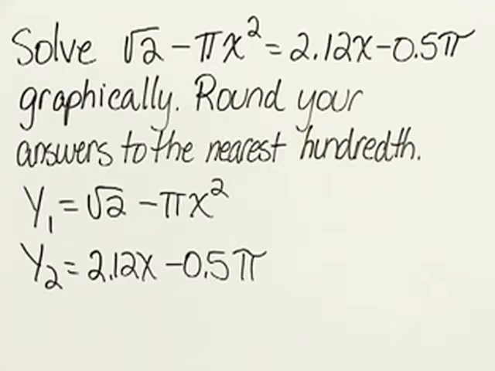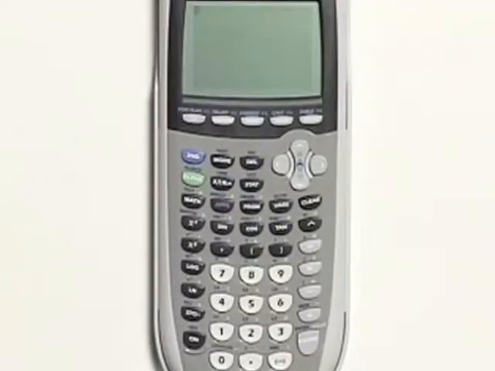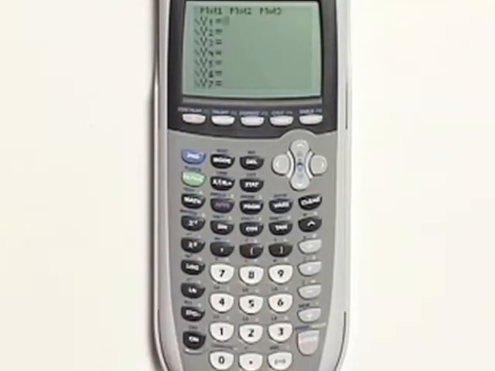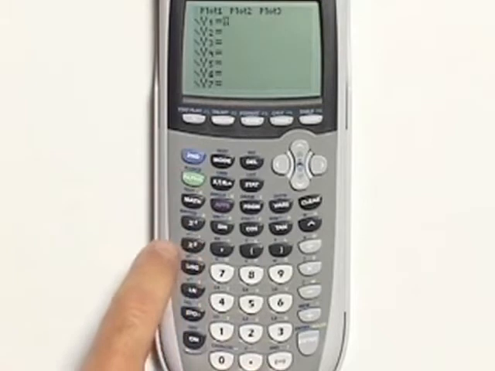will be our solutions. To enter the equations into the calculator, we use the equation editor, or what's called the y equals key. So let's press that. We're looking for y sub 1, which we said was the square root of 2. So press the second and the square root, which is the same as the x squared key. Notice there's an open parenthesis there.